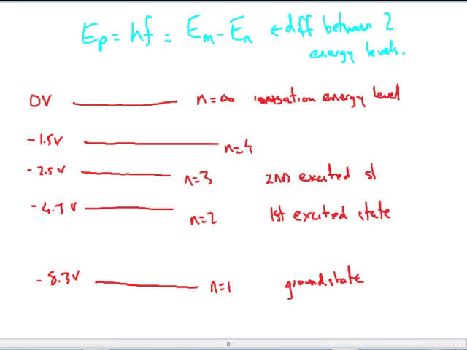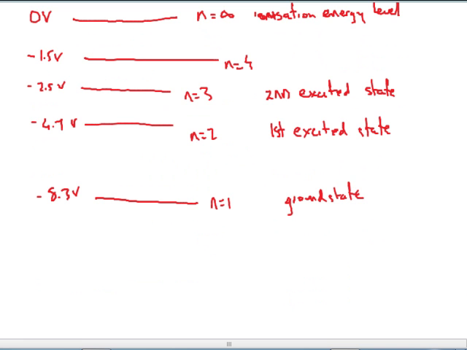So excited state means it's absorbed a photon and jumped up to a new level, not the normal level that it would be sitting in. So if it's going to absorb a photon, it has to be that exact difference.